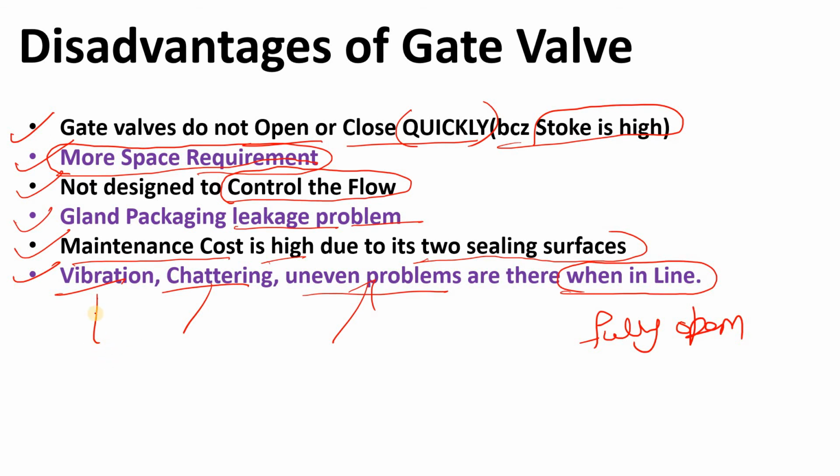If there is a vibration problem, it will damage our valve, the valve disc we can say, or the pipeline. So these are some disadvantages of the gate valve. There are some modifications which we did in industry, and instead of the gate valve, sometimes we use the globe valve and some other valves.